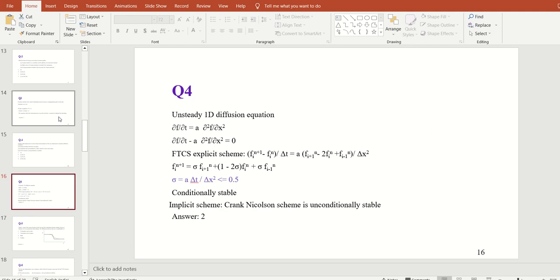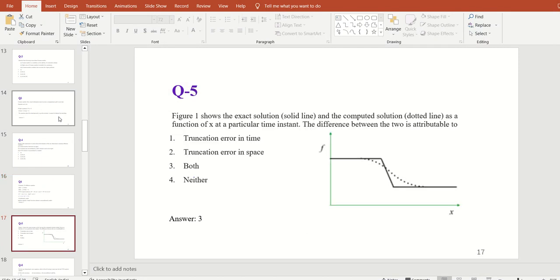We focused mainly on the one-dimensional scalar transport equation with different schemes for discretization, like forward time central space, and central time central space with forward space or backward space. All these schemes were studied in the lecture with a few questions to be answered, and also the implicit scheme and explicit scheme, where in the explicit scheme we use the nth time step, and for the implicit scheme we use the n plus 1th time step.